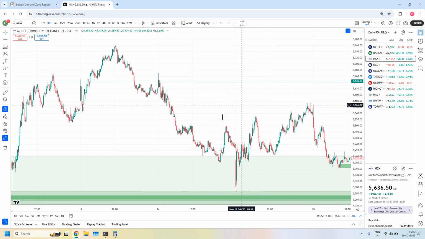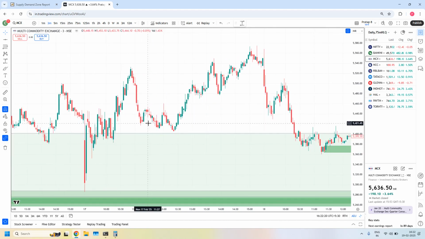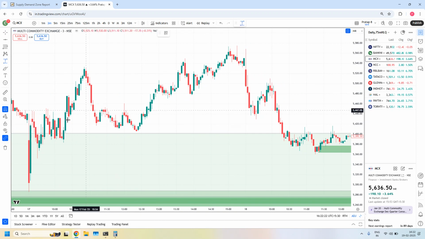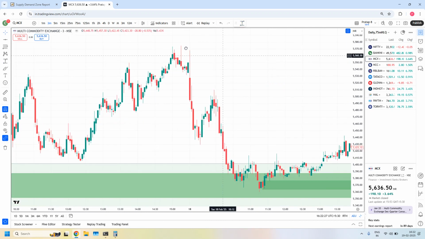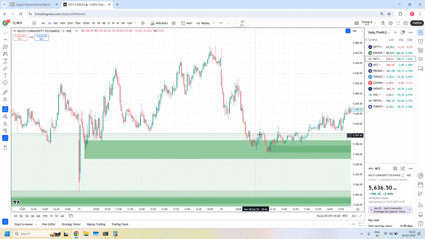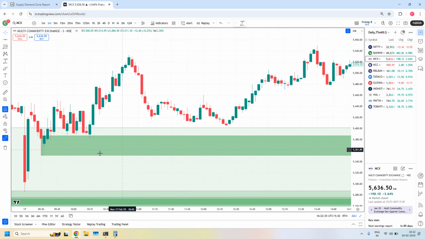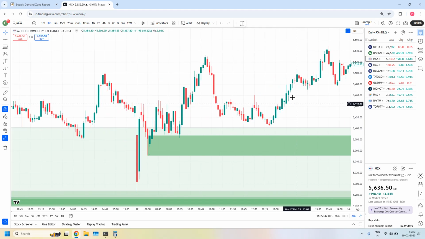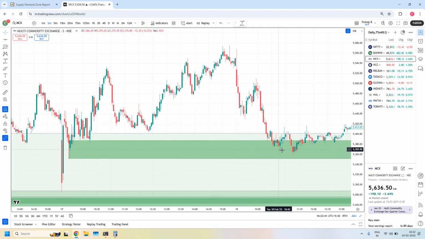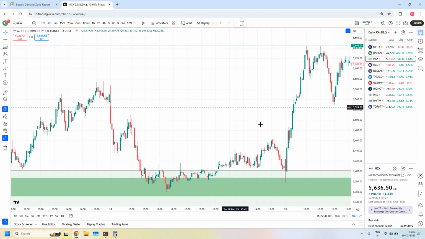If you go further, if you extend, now you see, clearly you see. Now you see, this is a 3-minute zone, drop base rally, and a huge movement from here.